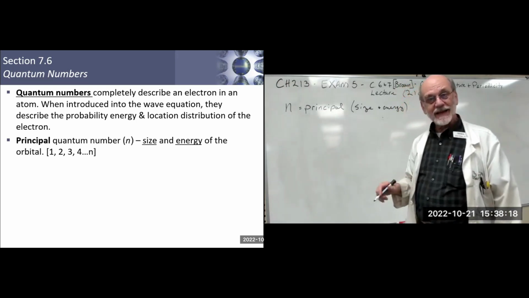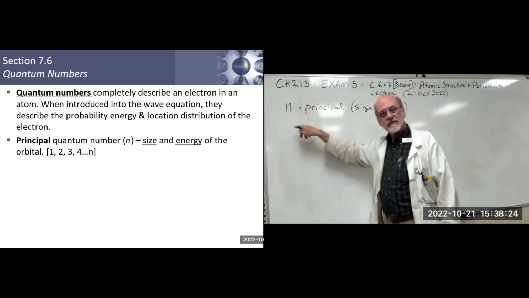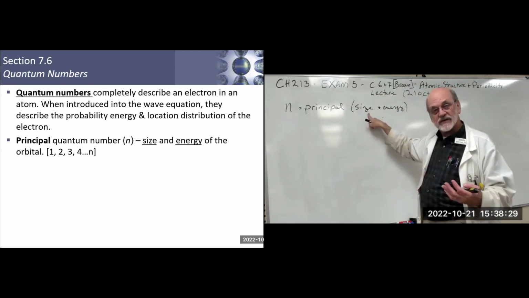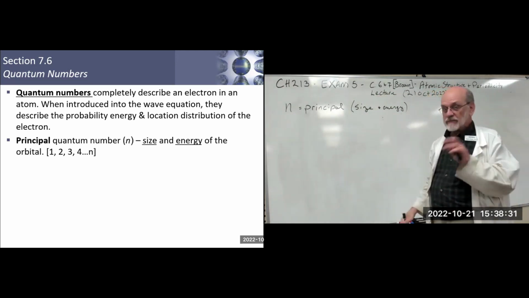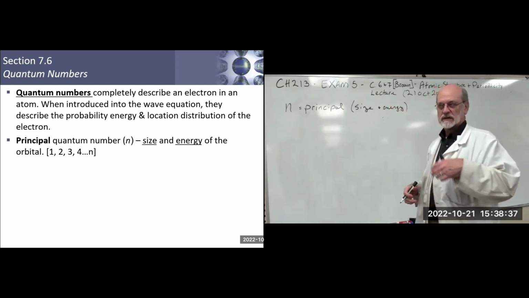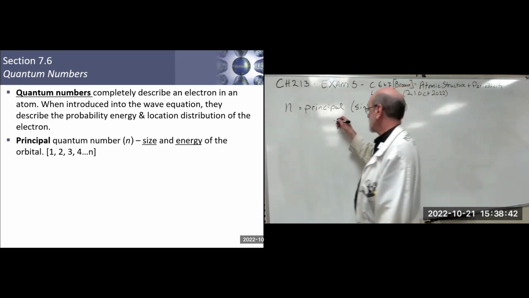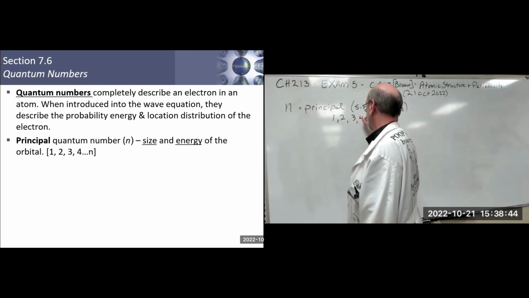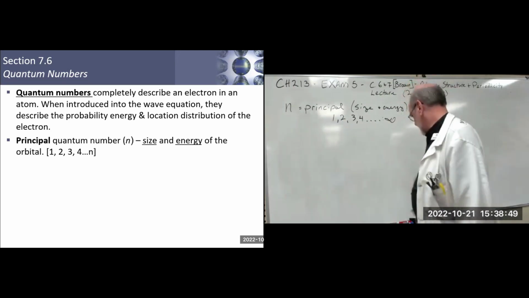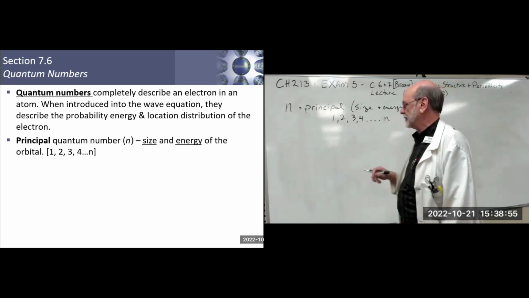Any electron that has the same principal quantum number will have a similar probability spread for its size and a similar energy. They may not be exact, but they're very close. And these can go up to any value of n.